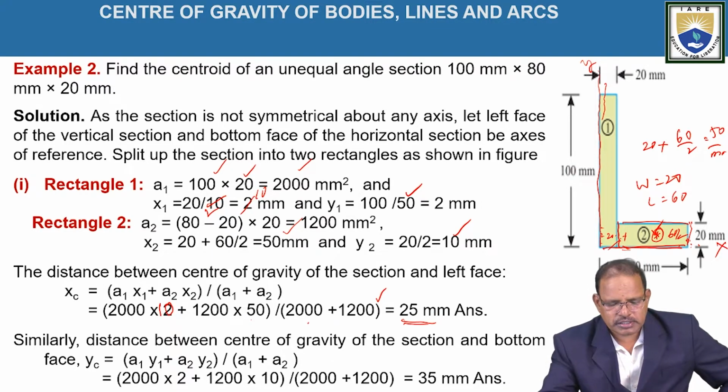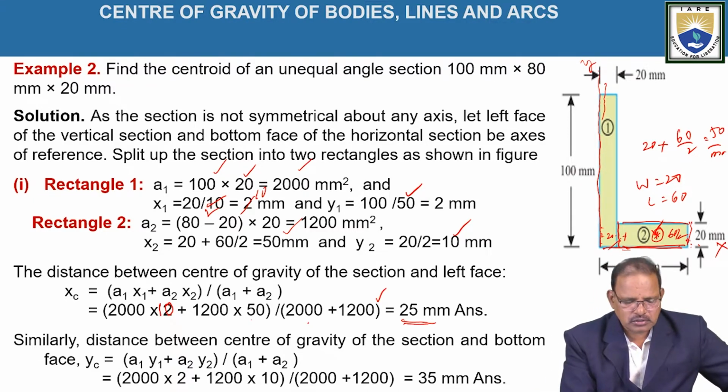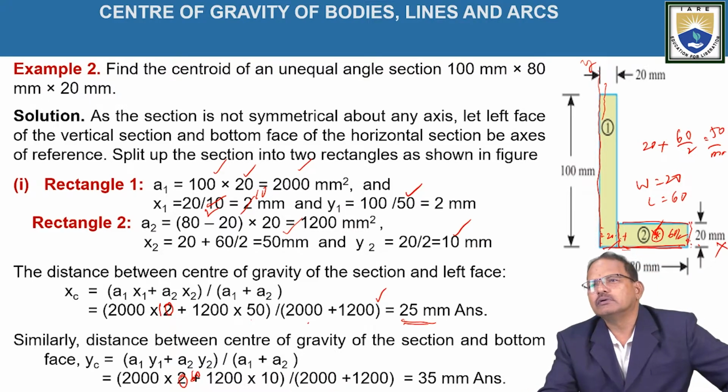Similarly, the distance between the center of gravity of the section and the bottom face is given by a1 y1 plus a2 y2 divided by a1 plus a2, which is equal to 2000 into 60 plus 1200 into 10 divided by 2000 plus 1200, which is equal to 35 mm.